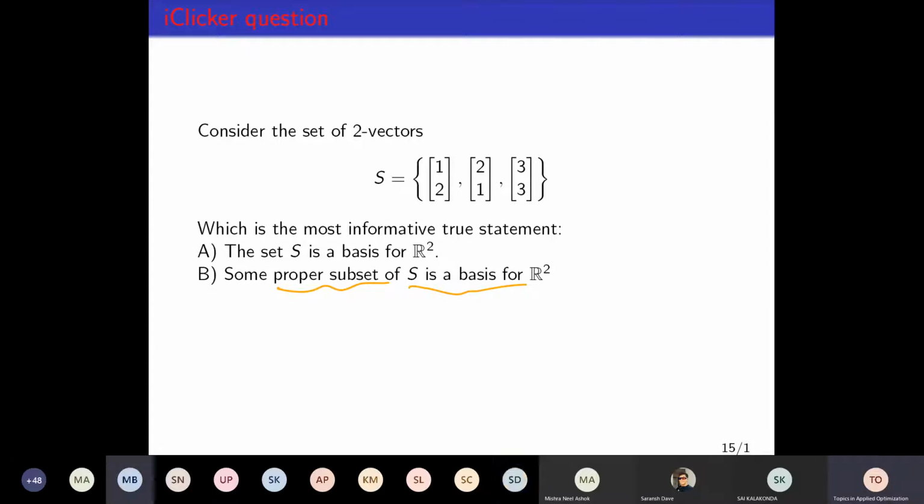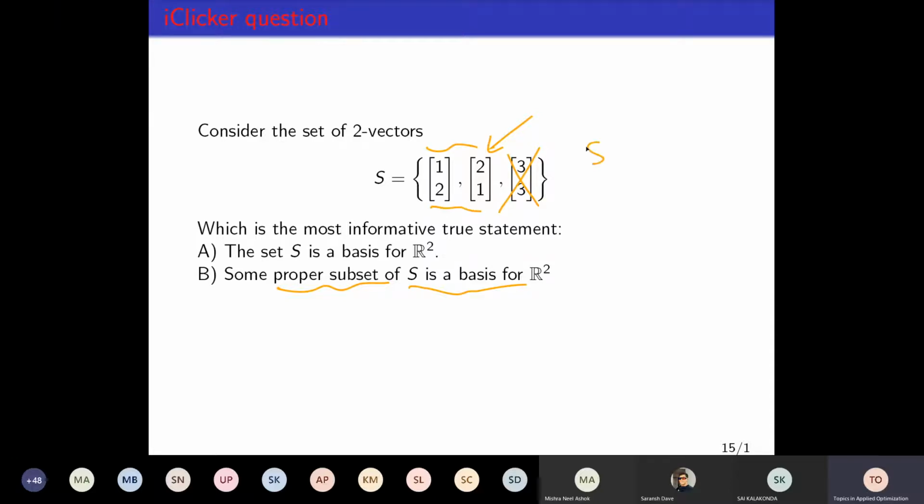Yes. So indeed we can reduce the dependent one. For instance, in this case, I can remove this. And then I see that these two, I cannot remove because I cannot write one as a combination of the other.